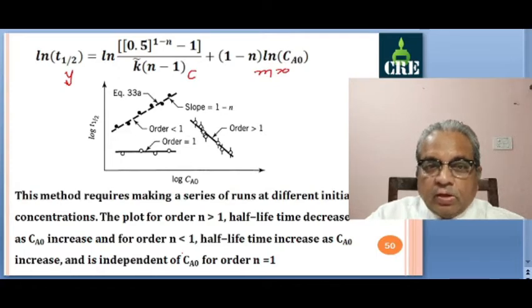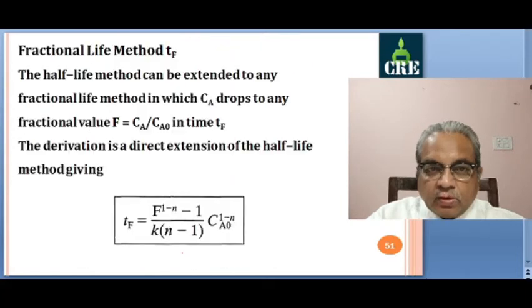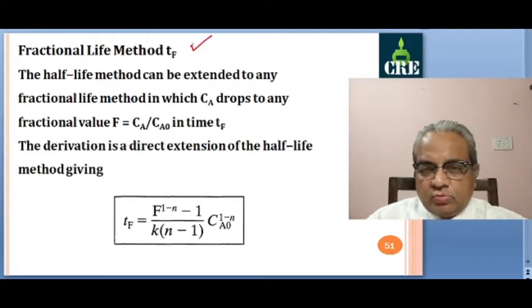And for first order, you will have a different rate law, our standard equation minus ln of 1 minus xa is equal to kt. Then instead of the half-life method, we can use fractional life also. Not necessarily exactly t half, any fraction.